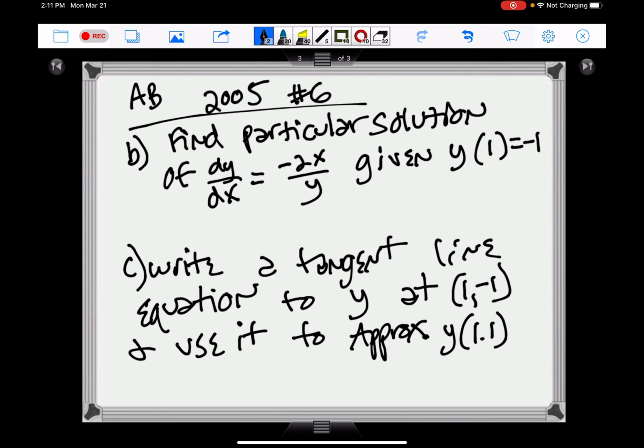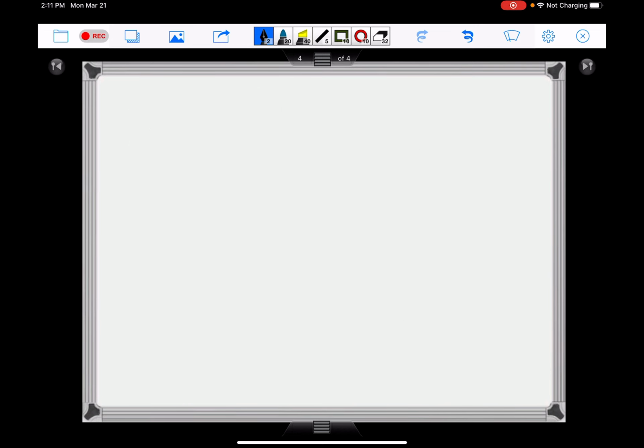Hey guys, I know you haven't had enough time to finish it, but we only have 4 minutes and I want to go through it. So, for the B, it was dy dx equals 2x over y?